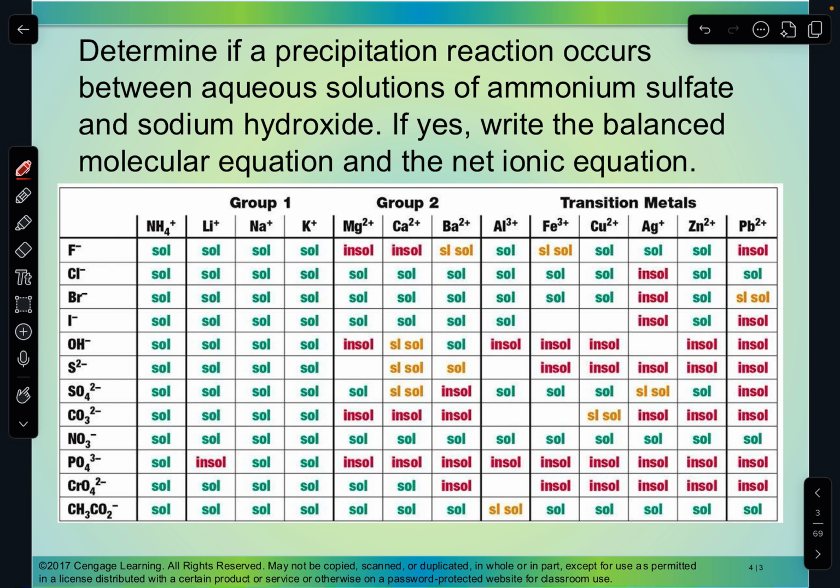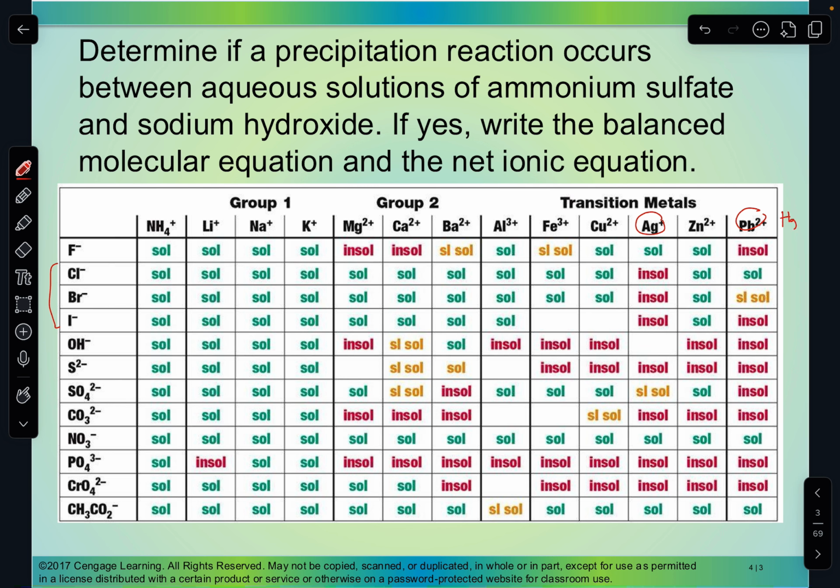It depends. But the precipitation reactions are only going to occur if the combination of the two ions is going to be insoluble. And so one thing that I'd like you to notice before is that I said that all halides are going to be soluble except for when they have silver, lead, or mercury.